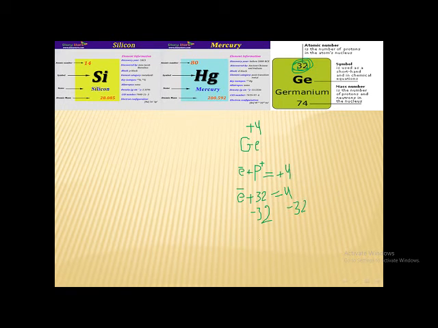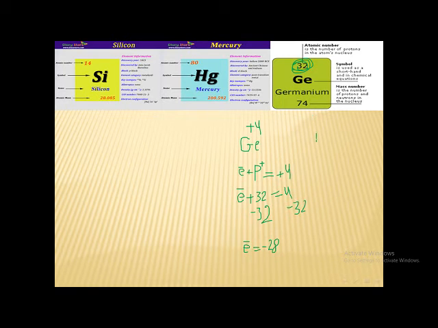So what is the number of electrons we have? Okay, so the number 28 is the number of electrons we have inside this atom.